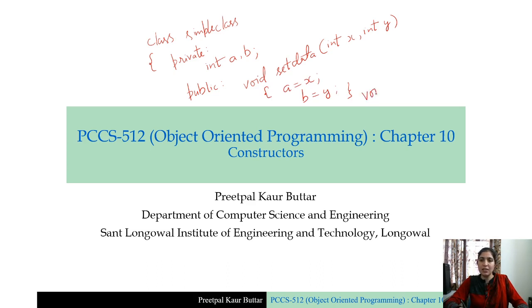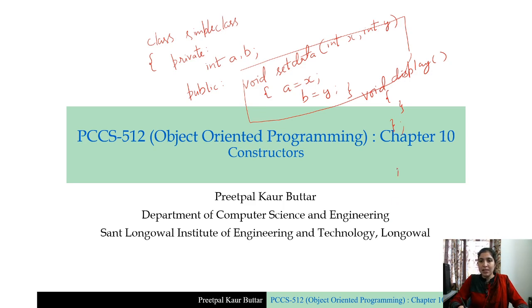There was another function, display data or show data. That is not our concern at this point. Let us focus on the function set data. The purpose of set data here is to initialize the values A and B, to initialize the private data members of this simple class.